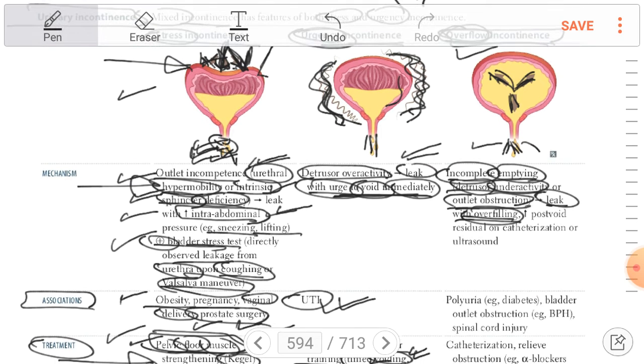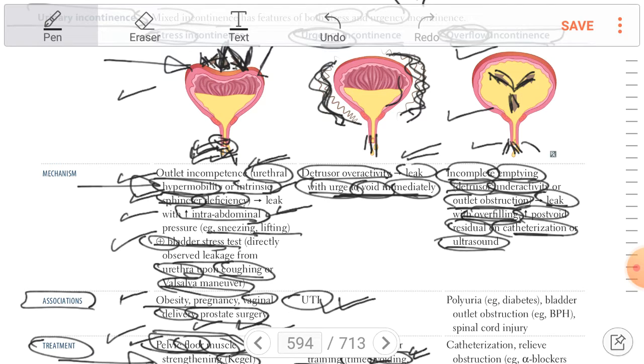So how to know it? By catheterization or ultrasound. You will find a huge amount of urine inside the urinary bladder. With catheterization, you will know what? You will find an increase in post-void residual volume. This means what?